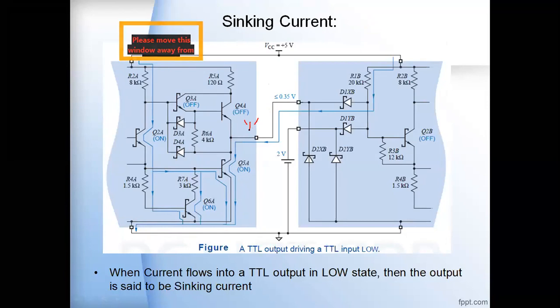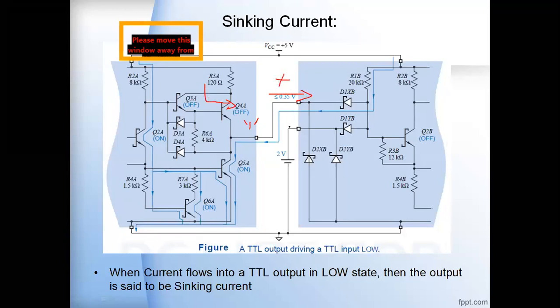In such conditions, the current flows out of the gate and enters into the TTL input gate. When the current is flowing into the TTL gate, it is a positive current.